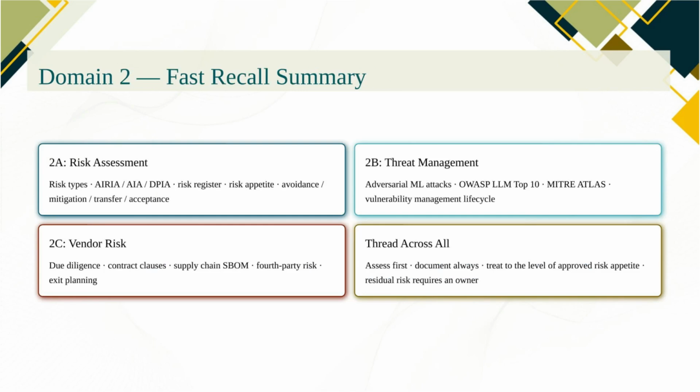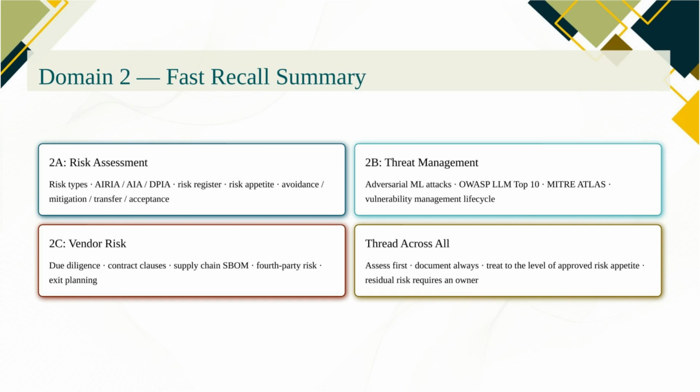Let me close with a fast recall summary for Domain 2. For 2A, risk assessment, know the 5 AI risk types, the 4 impact assessment types, the risk register structure, risk appetite, and all 4 treatment options: avoid, mitigate, transfer, accept. For 2B, threat and vulnerability management, know the adversarial ML attack types, the OWASP LLM top 10, MITRE Atlas for AI-specific threats, and the vulnerability management program structure.